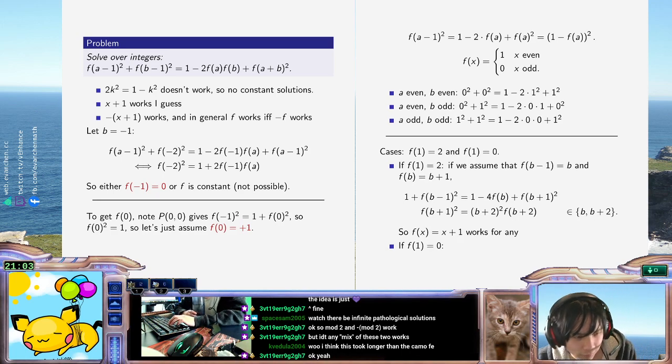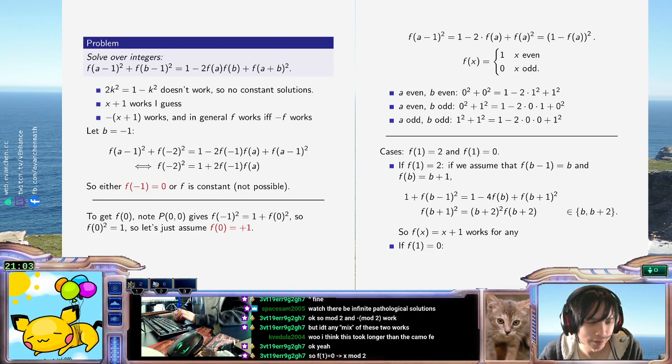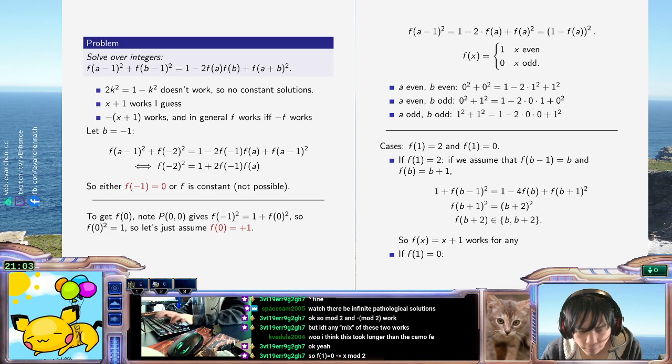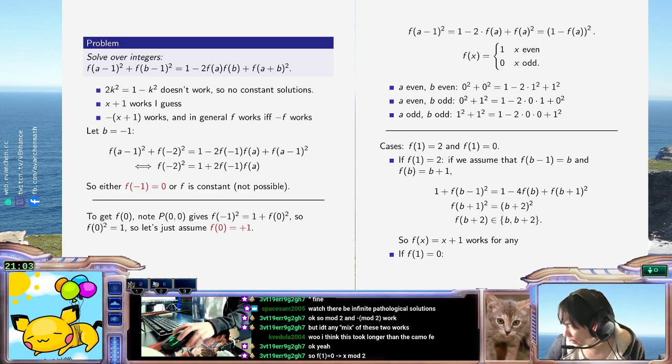Didn't this talk longer? I mean, I think a problem with this many cases will always take a while. For any x greater than... This one I think is fine though.